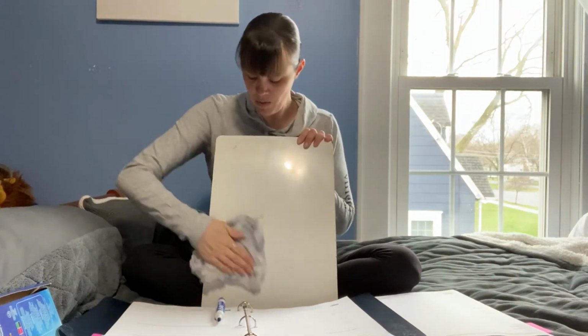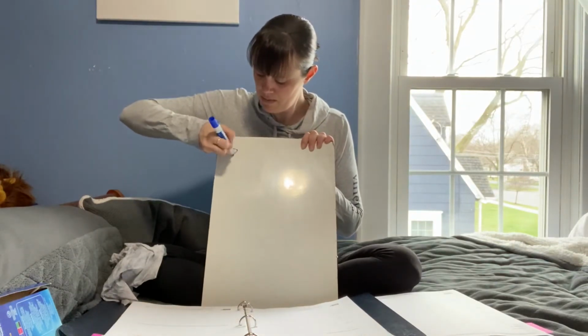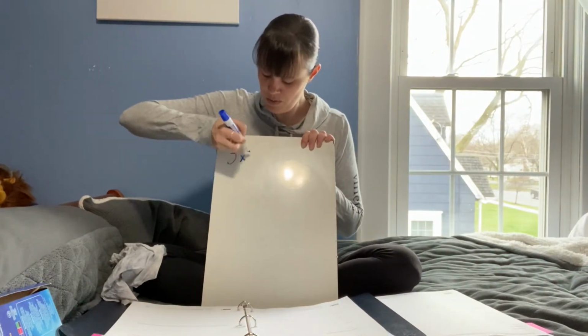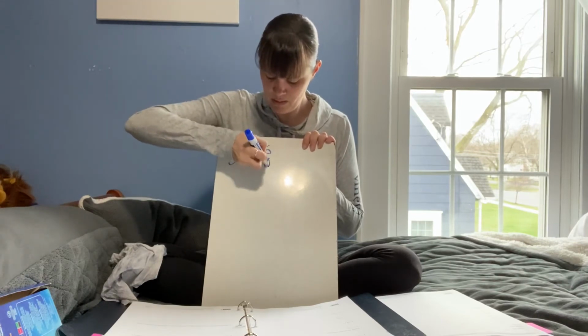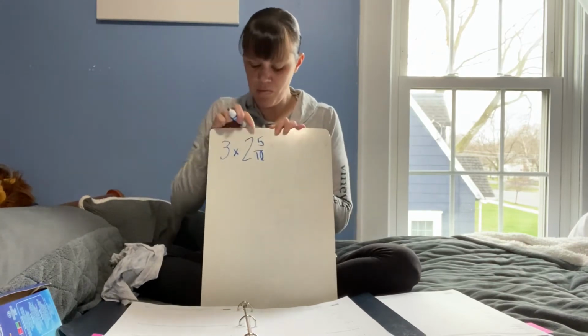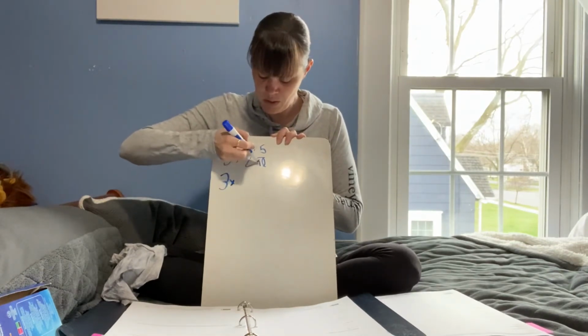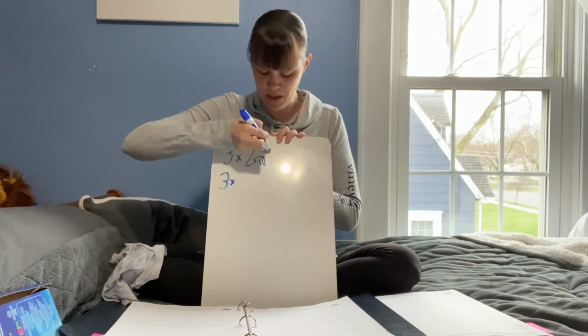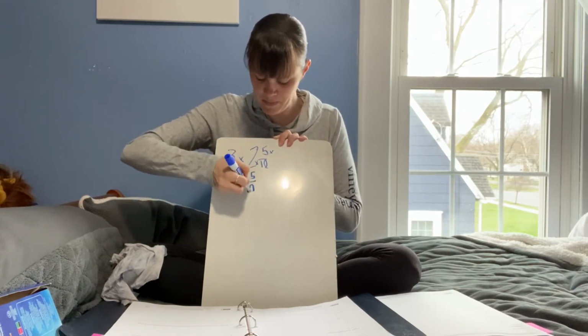So let me do it the other way, just to show you, because this is kind of an easier one to show. 3 and 2 and 5 tenths. Okay, so the other way would be to change this to an improper fraction. So 2 times 10 is 20, plus 5 is 25 tenths.